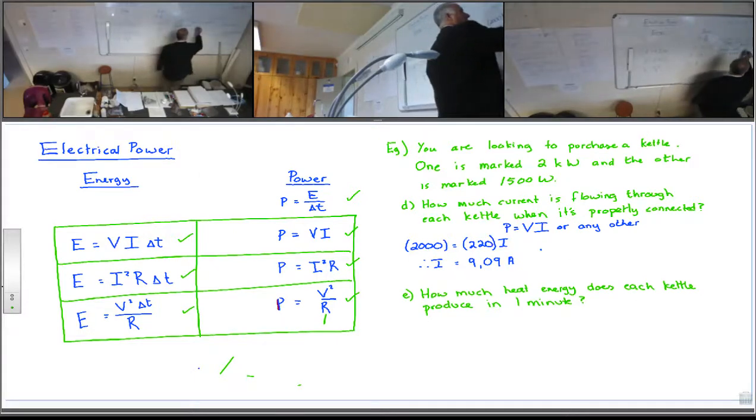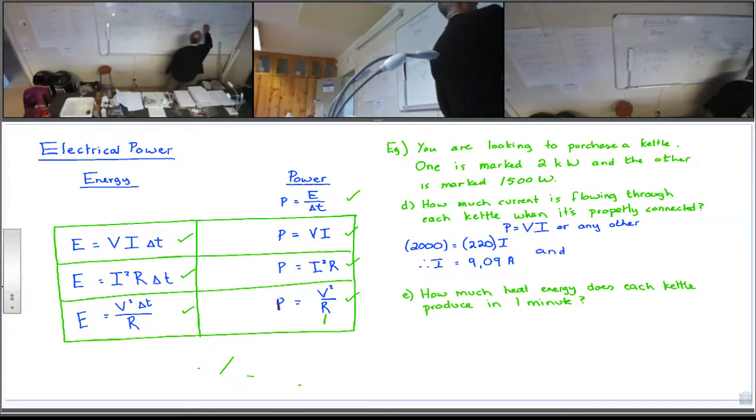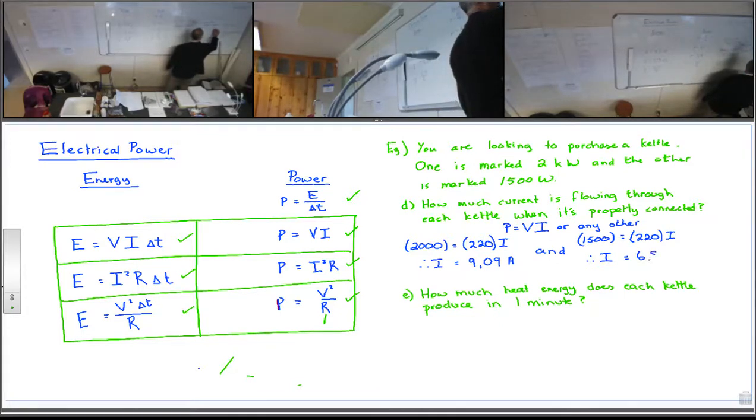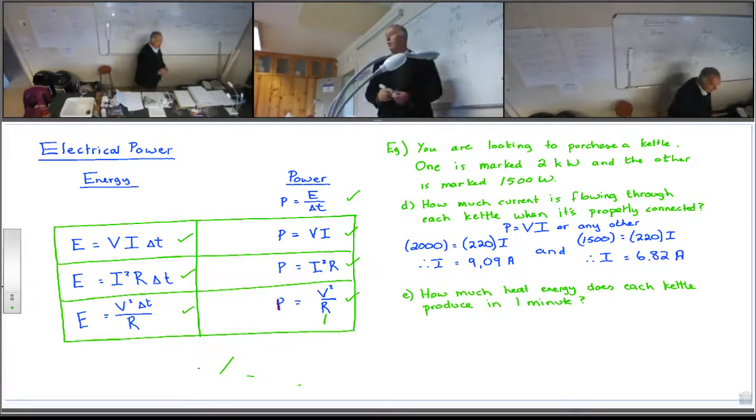Okay, and what's the other one? 1500 equals 220 times the current. Therefore, the current equals, what does that come out to be? 6.82 amperes. Okay, which one's getting more current?